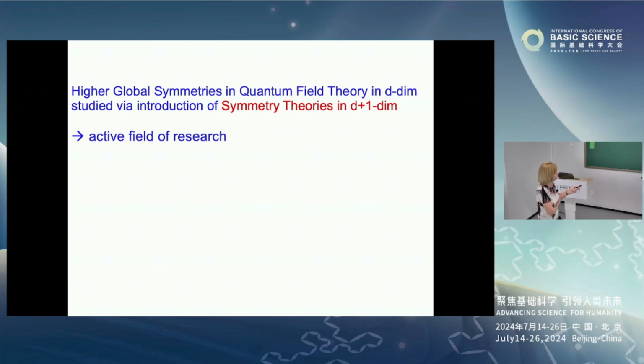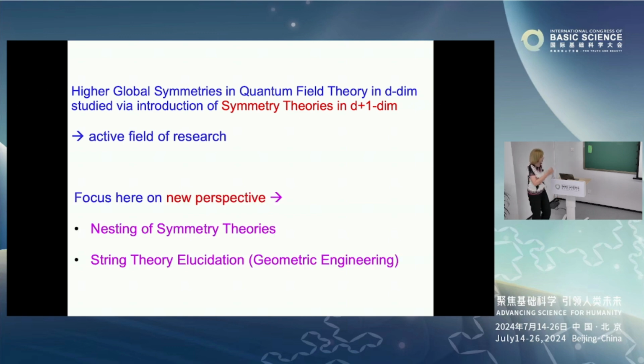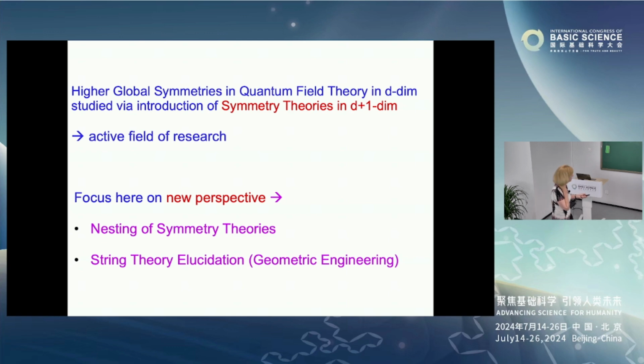This has turned out to be an active field of research right now. What I want to point out here is a more involved new perspective in the study of symmetry theories. In particular, what I was already alluding to, the nesting of symmetry theories in order to address more complex global symmetry structures of quantum field theories.